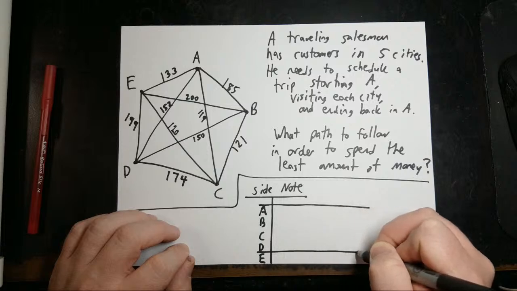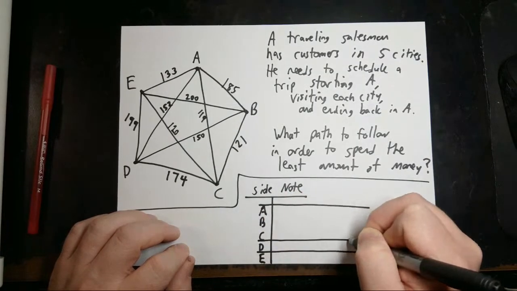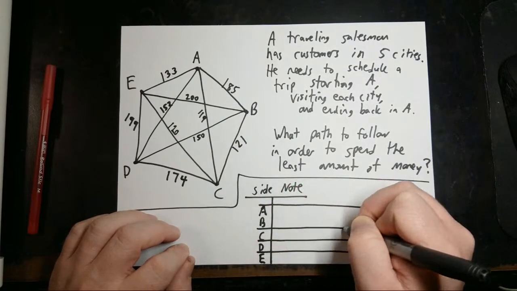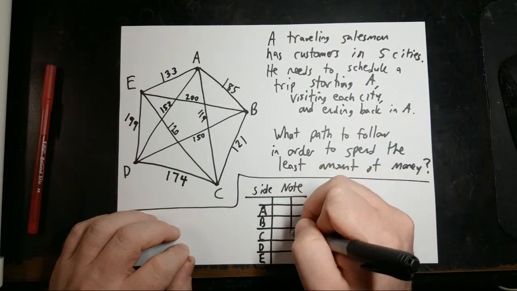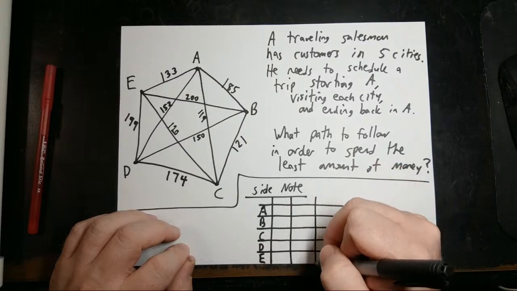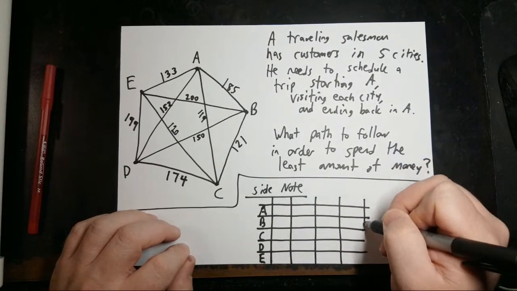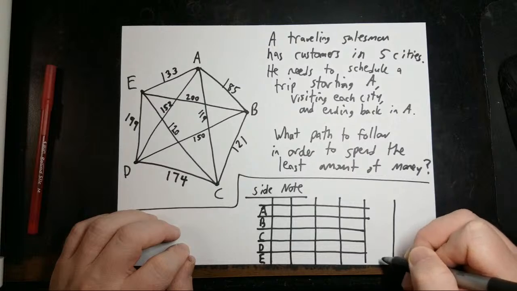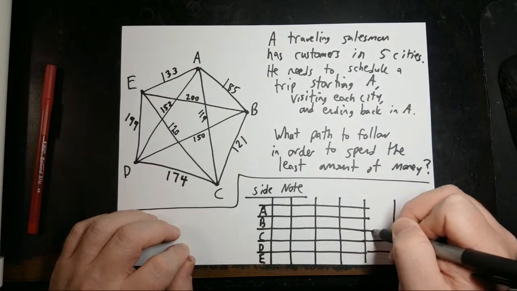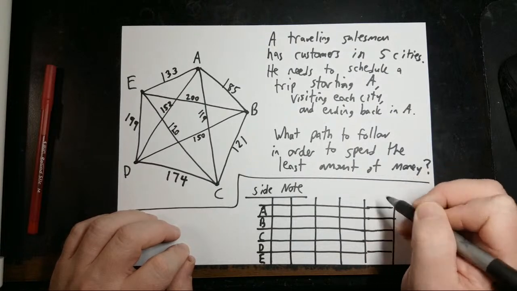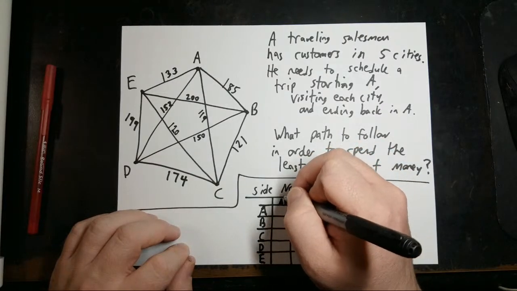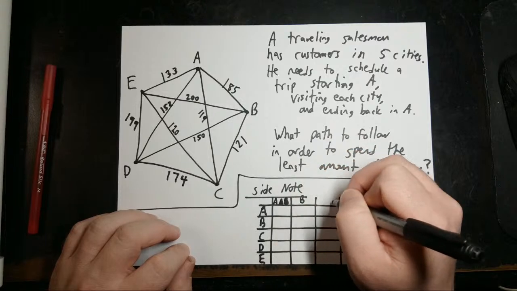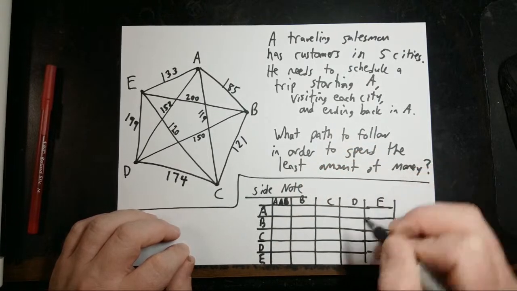Now, it's important that you are familiar with the table that I am about to draw, simply because it will come into play at a future date. Extend this a little bit farther. Now, again, this comes into play for Hamilton circuits. It's supposed to be an A. I had an A the first time. There we go.